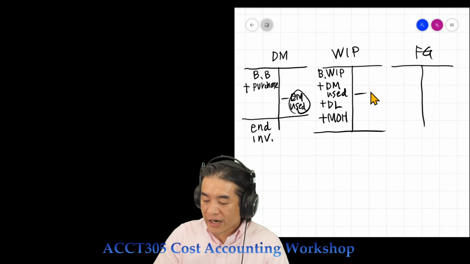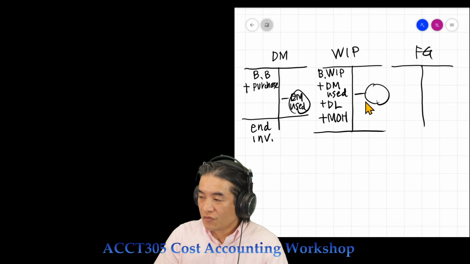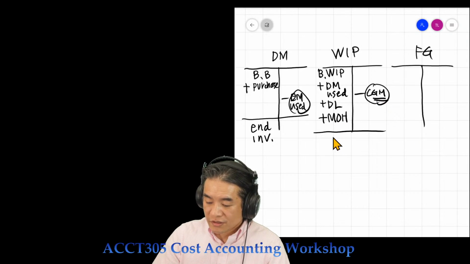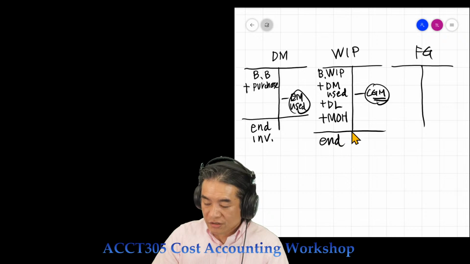And then minus over here is what? Cost of goods manufactured, right? And now we have ending WIP here.